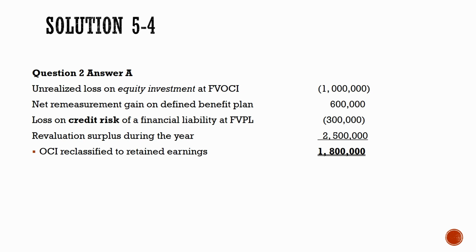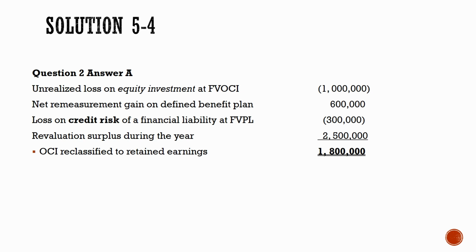So, dun nga sa solution, included po yung unrealized loss on equity investment at fair value through other comprehensive income na 1 million, then yung net measurement gain na 600,000, then we're going to deduct the loss on credit risk of financial liability at fair value through profit or loss na 300,000, and revaluation surplus during the year na 2,500,000. So, 1 million, negative 1 million, plus 600,000 minus 300,000, plus 2,500,000 is equal to 1,800,000. So, the answer is letter A.